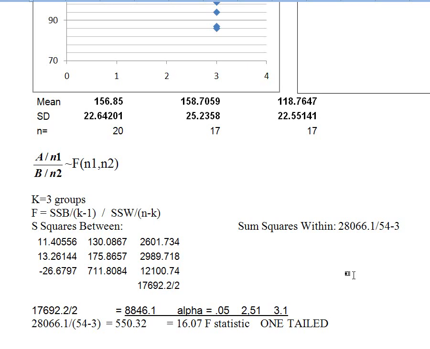Now, thinking back to the pictures that we looked at of F distributions earlier, that 3.17 F critical is going to be closer to the number 1. And again, if the null hypothesis is true, we would expect that the F value should be somewhere close to the number 1. That number 1's kind of in the center almost.